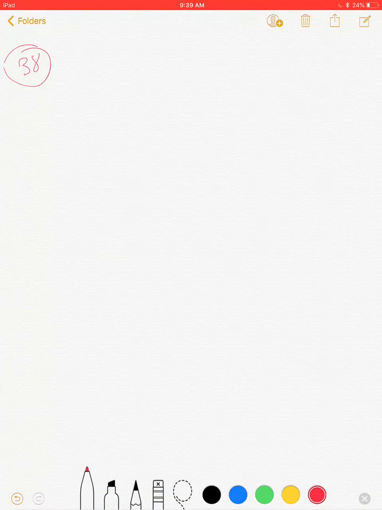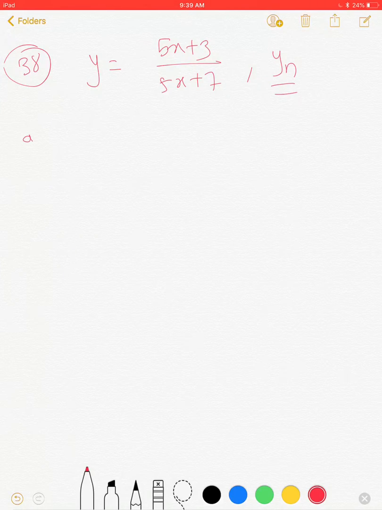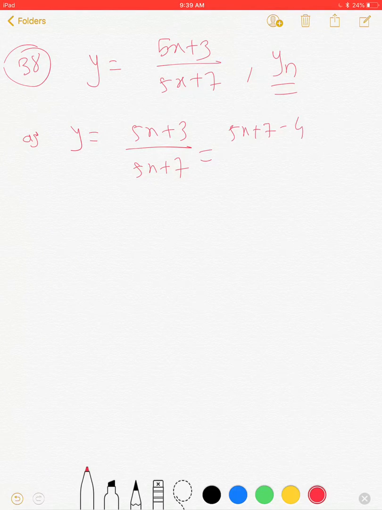In question number 38, it is given that y is equal to 5x plus 3 upon 5x plus 7. We have to find its nth derivative. Similarly, it can be written as 5x plus 7 minus 4. This is just rearrangement, because 7 minus 4 is again 3.